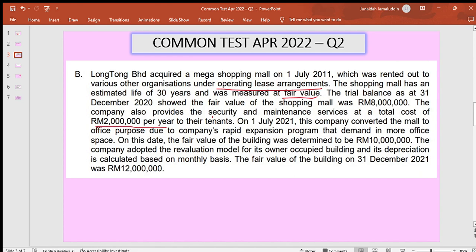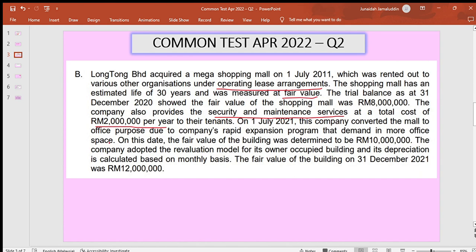So the company also provides security and maintenance services at the shopping mall, right? And then on 1st July 2021, the company converted the mall to office purpose due to company's rapid expansion program that demand more office space.